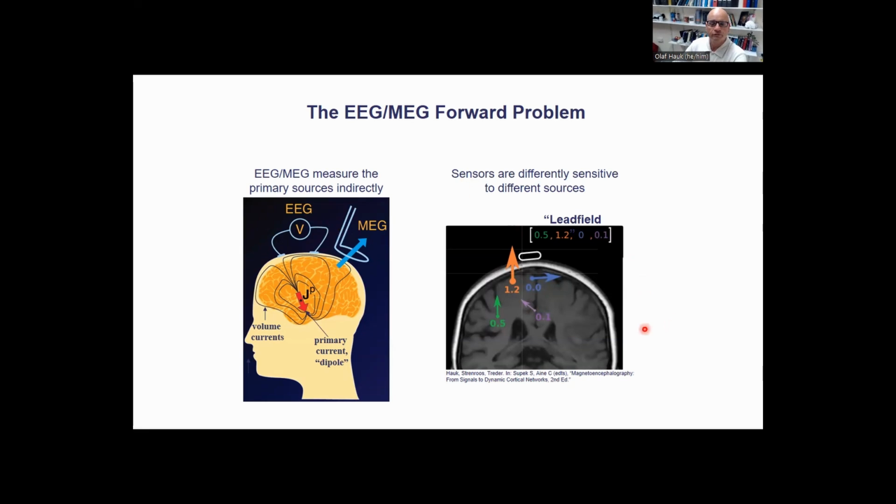And we are trying to quantify this by creating these lead fields for our sensors. I think I had this in the previous session already. Every sensor measures different dipoles across the cortex with different sensitivity, and we can quantify the sensitivity if we have a head model and use the physics of the problem.